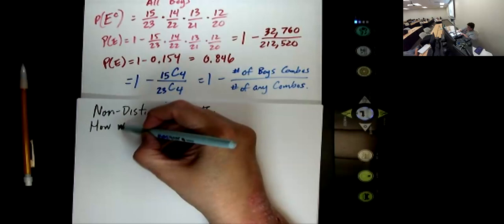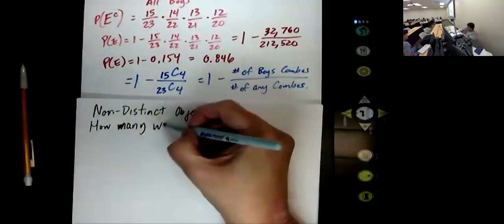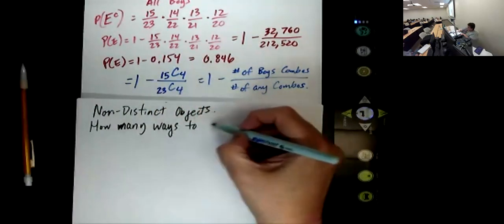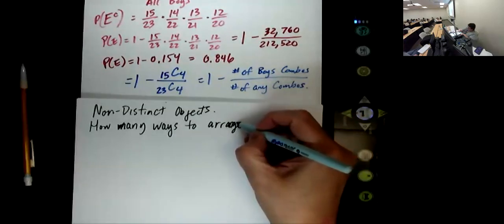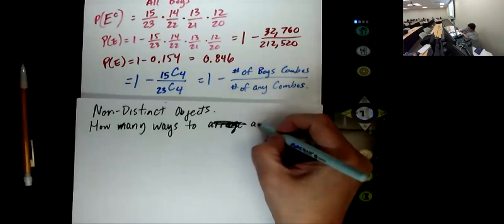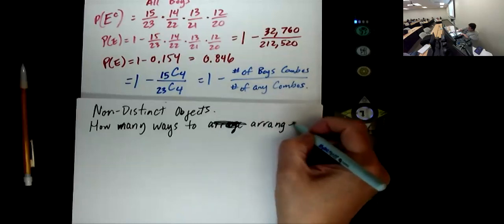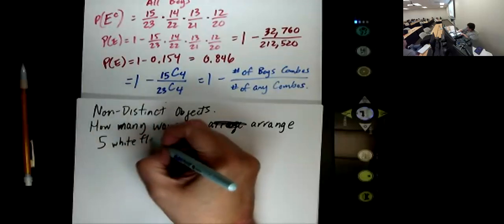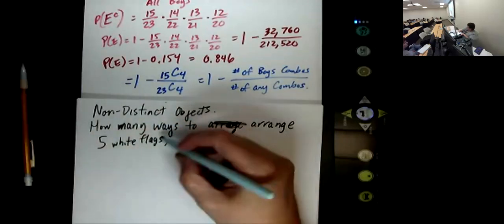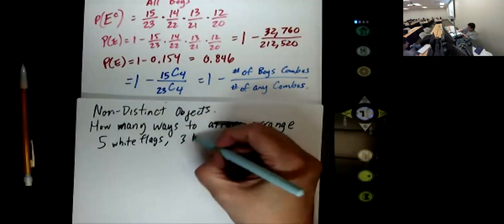How many ways to arrange five white flags, 3 blue, and 2 red?